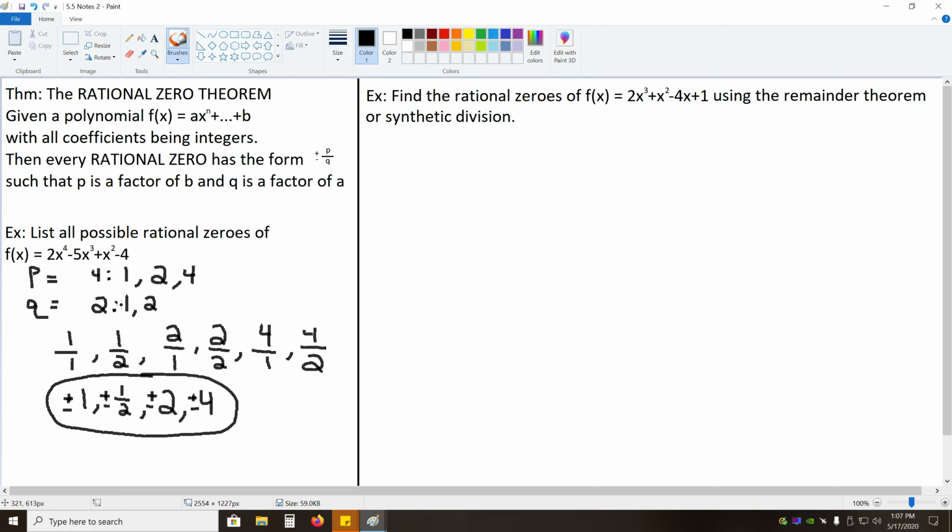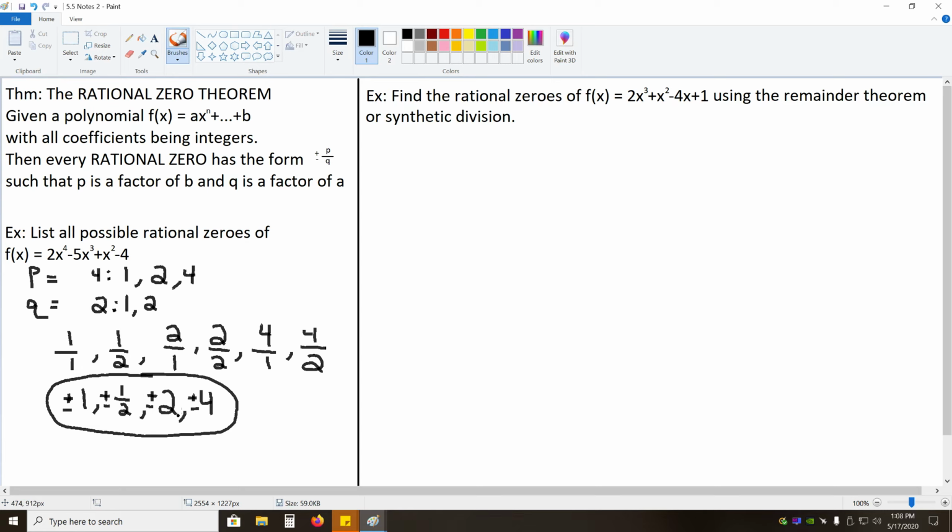These are the only integers and rational numbers that could possibly factor 2x to the fourth minus 5x cubed plus x squared minus 4. The only other possibilities would be imaginary numbers or real numbers like pi or the square root of 2.